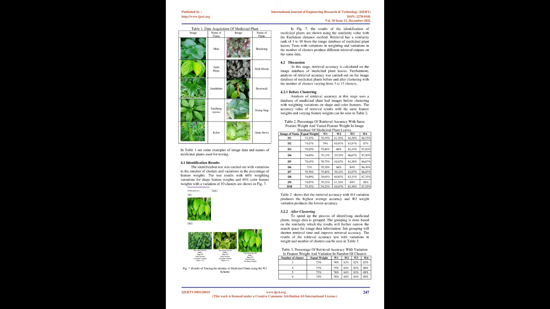3.2 Feature extraction. Color and shape feature extraction is used in the image after going through the pre-processing stage. Color feature extraction uses color moment and shape feature extraction uses invariant moment. The color moment uses 3 main moments from the color distribution of the image, namely the mean, standard deviation, and skewness, so this method produces 3 values for each color component.